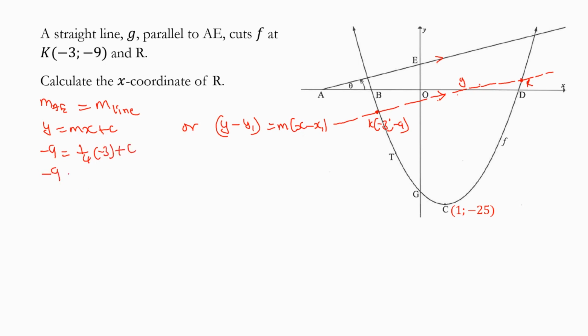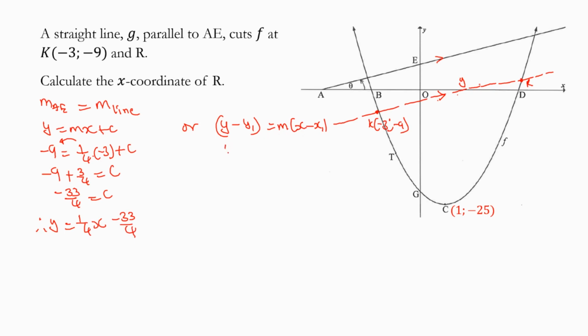And then -9 minus -3/4, if you bring it to the left, it's going to be plus 3/4 is equal to c. You can put this in the calculator. You'll get that c is -33/4. Meaning that the equation of the line is y is equal to 1/4x minus 33/4.